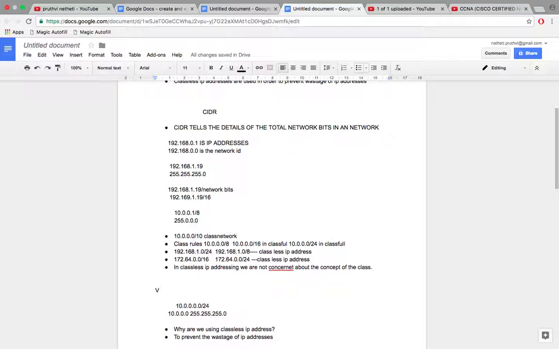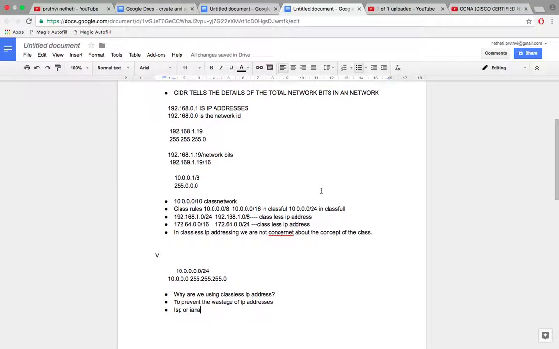You have to obtain your IP address either from your ISP or IANA. IANA is the Internet Assigned Numbers Authority, an organization that deals with IP addressing. So if you want these IP addresses, you have to obtain them either from your internet service provider or from IANA. So IP addresses are costly.